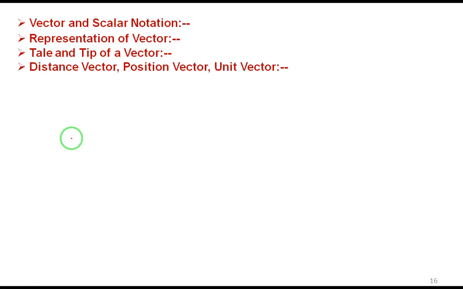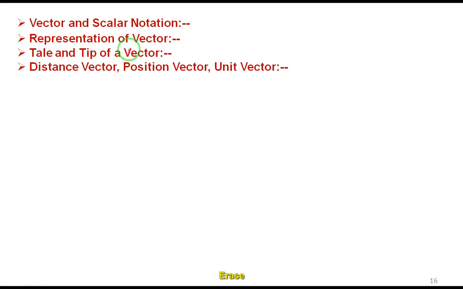Next, the tail and tip of a vector. I have just drawn one vector here. This we call the tail of a vector, and this we call the tip of a vector. Now we will see the distance vector, position vector, and unit vector.